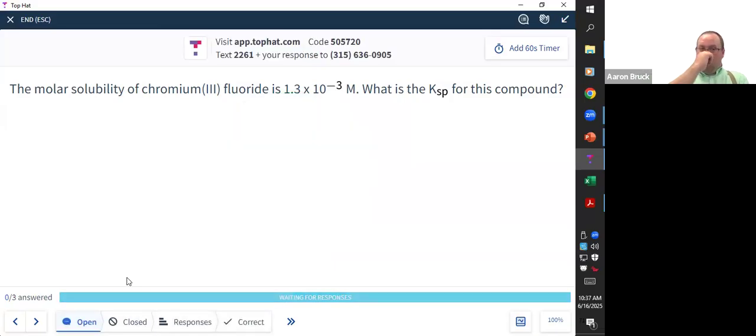The molar solubility for chromium-3 fluoride is 1.3 times 10 to the negative third. What is KSP for chromium-3 fluoride?